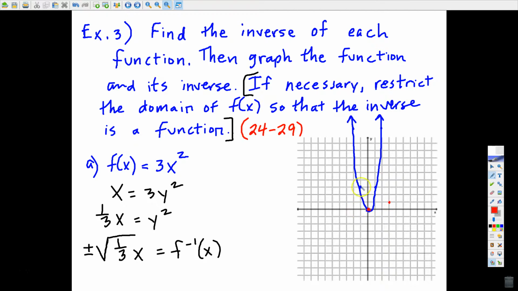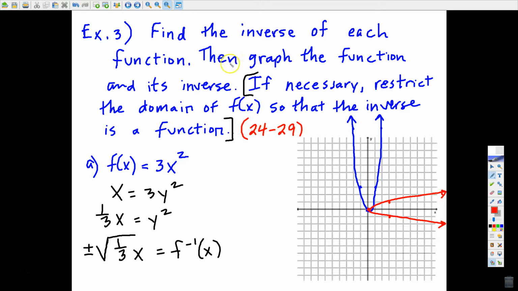And negative 1, 3 makes 3, negative 1. And this was 2, 12 on the original, so we'll just say that this is 12, 2 way out here. And then the reflection over the x-axis.